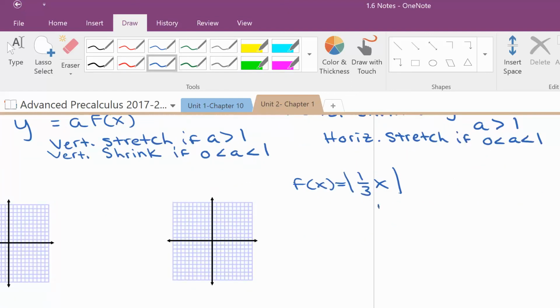Now, to get those same y values, notice I now have to put in 3 times as much. I'd have to put in negative 6, negative 3, 0, 3, 6. So notice it stretches. I have to put in more when that number is a fraction, if it's horizontal.